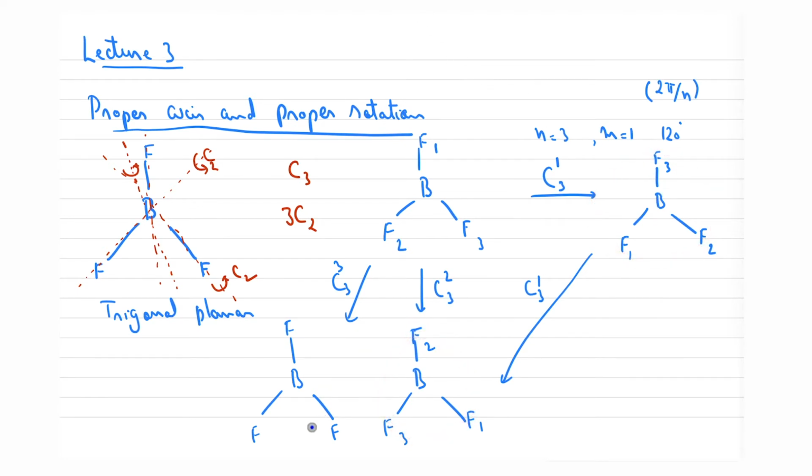Now what you are going to get here, if you do C3^3 rotation, is an identical configuration, because the atoms are actually not moving from their place. Okay, and for this reason this is also called the identity operation, because you have not actually done any movement. So C3^3 is actually equivalent to the identity operation, right?